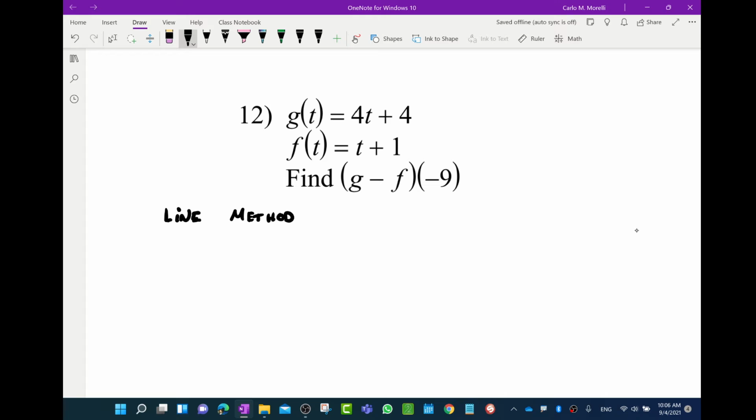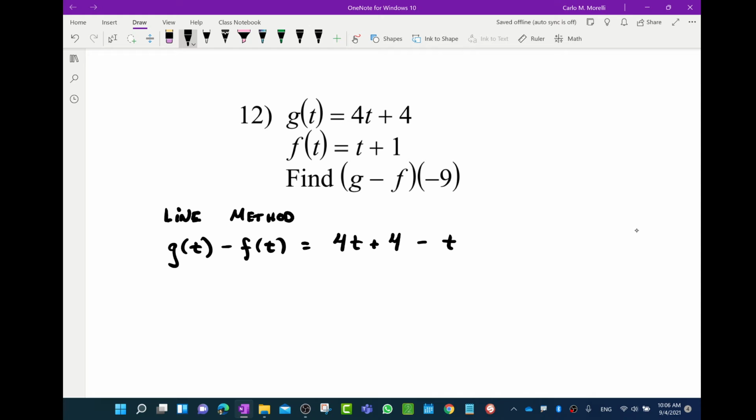So what you're going to do is you're going to take g of t and subtract f of t. Okay. So what does that look like? Well, g of t is 4t plus 4. And then you're going to subtract t plus 1.